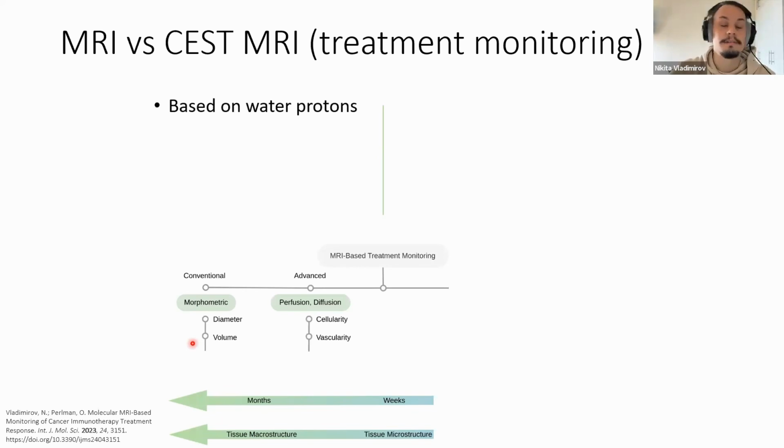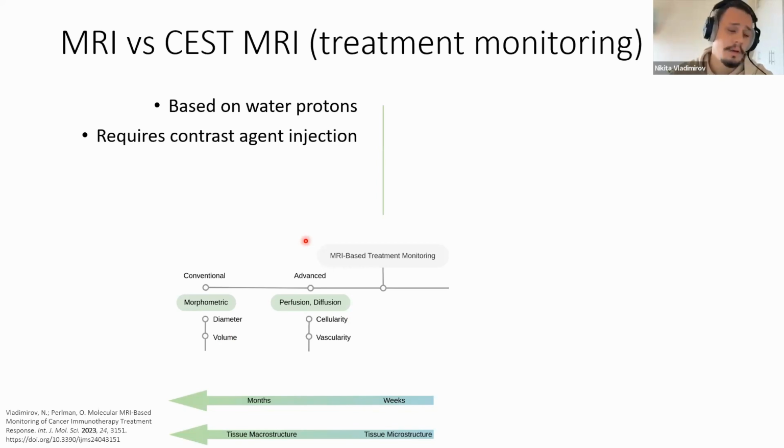The first one is T1 weighted images, T2 weighted images, inversion recovery weighted images. And when we are looking at cancers like tumors in the brain, we can measure some diameter, cell volume of these tumors. And also we have advanced techniques which are based on diffusion and perfusion, and we can measure cellularity or vascularity of the tumor.